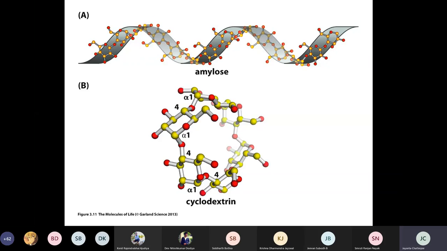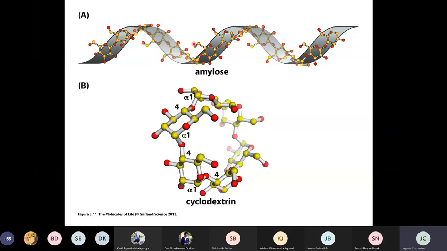So it's more like a step, right? And because of this step pattern, when multiple monomers join together, it leads to the formation of a bend or a kink, which is visible here in the amylose, right?